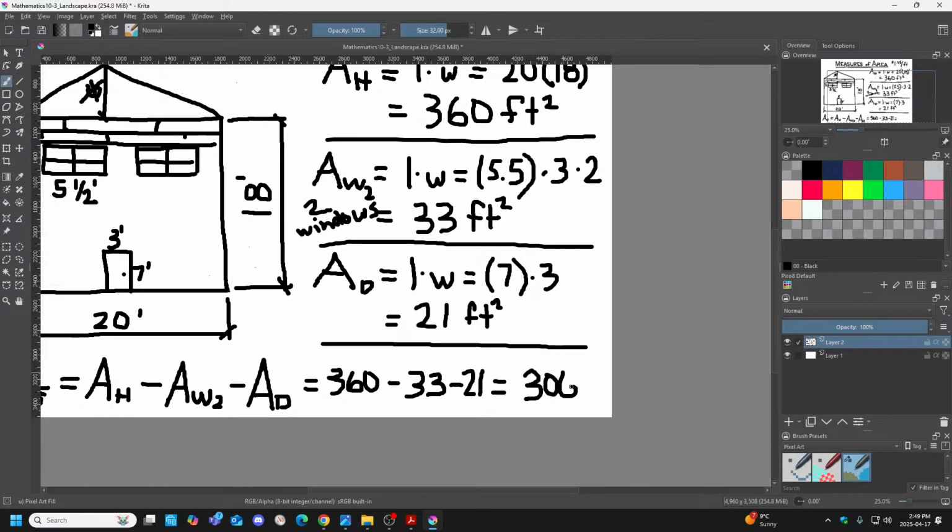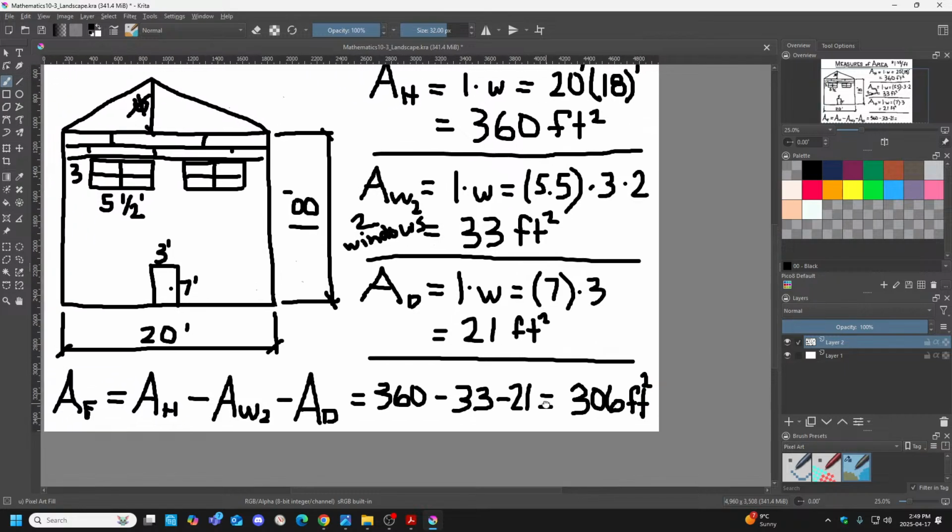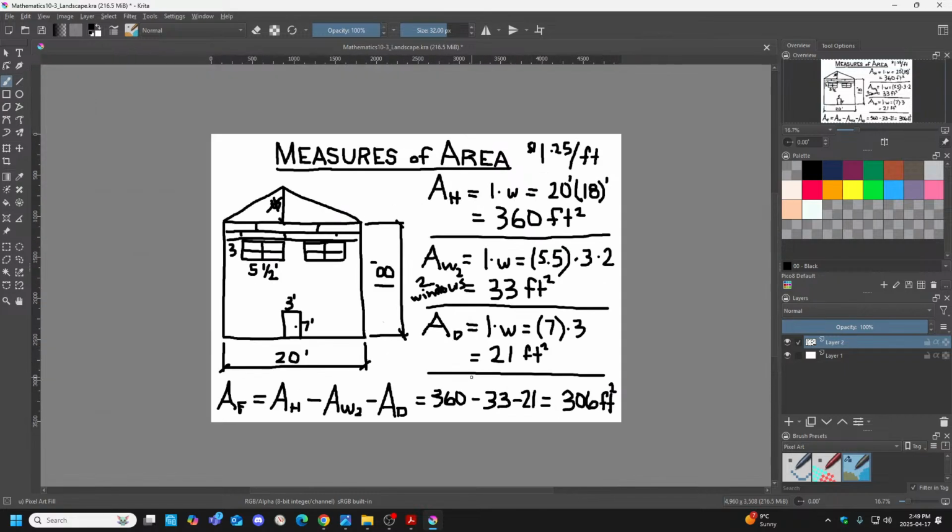Feet squared. Okay, let me double check the answer. Now, what just happened? The book is saying 366. There must be an error somewhere. Did I make a mistake, guys?